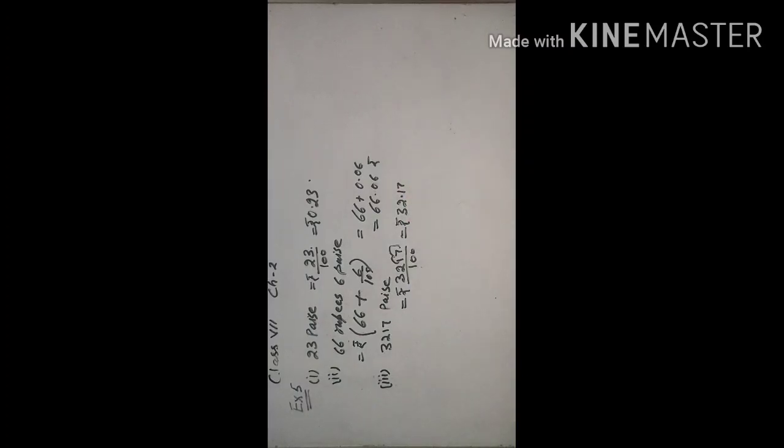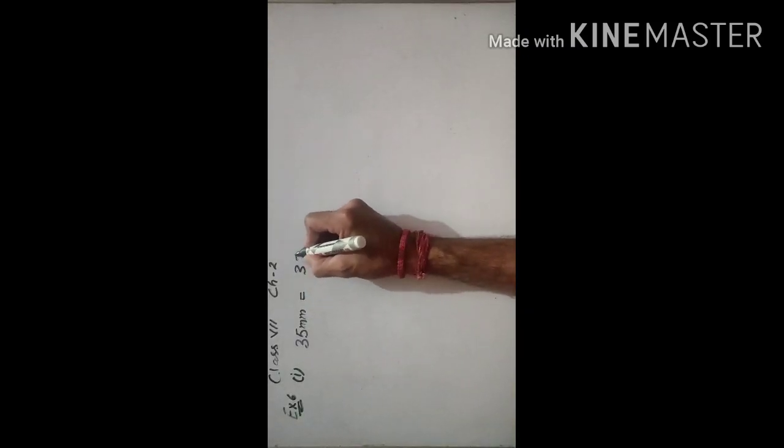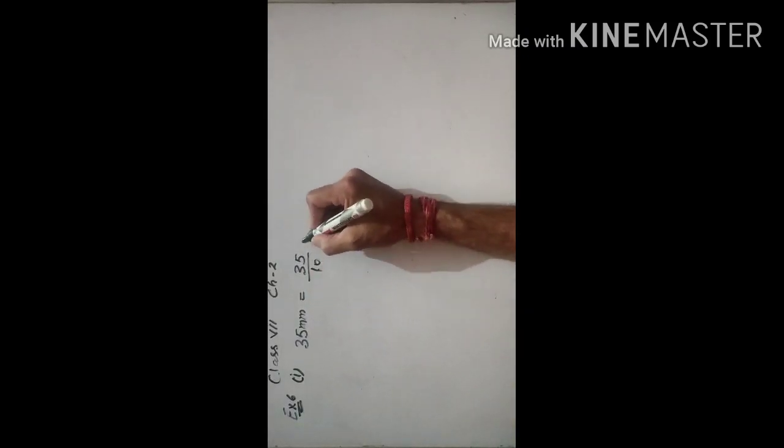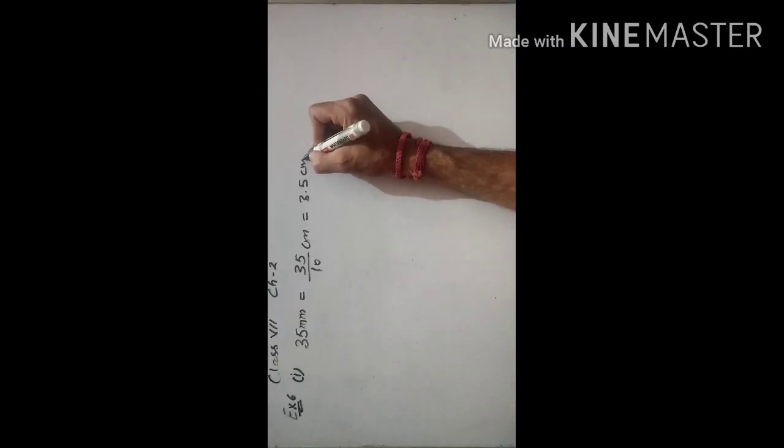Next example is example number 6. Express 35 millimeters in centimeter, meter and kilometer. Now 35 millimeters is equal to 35 by 10 centimeters, that is 3.5 centimeters.